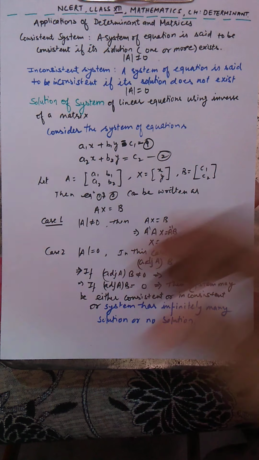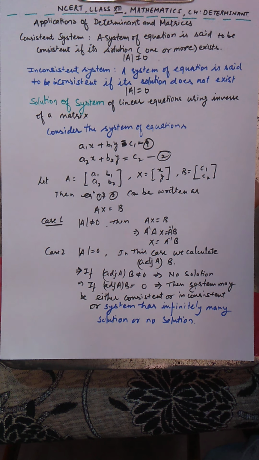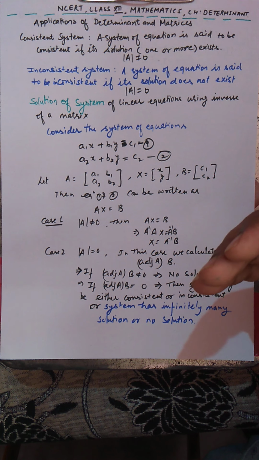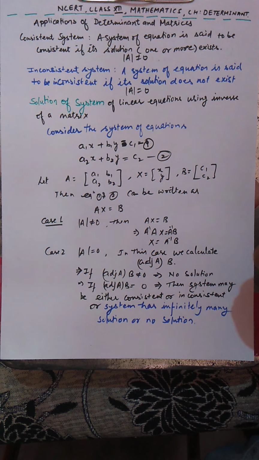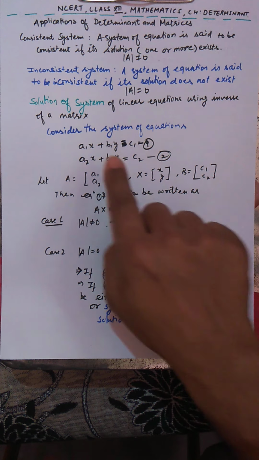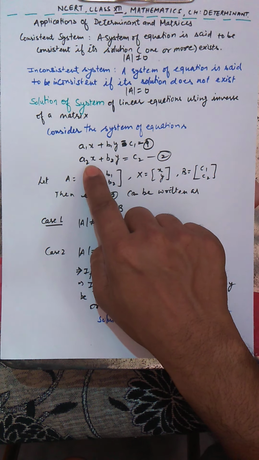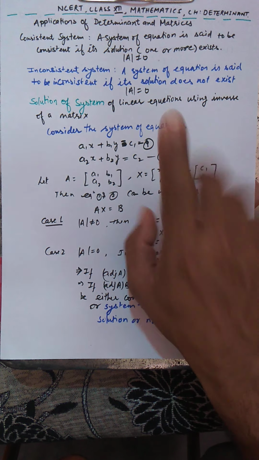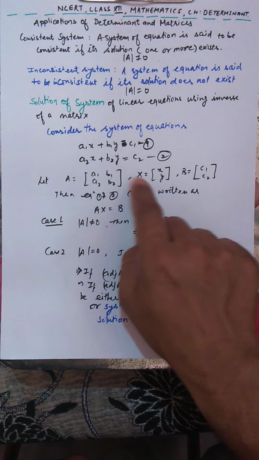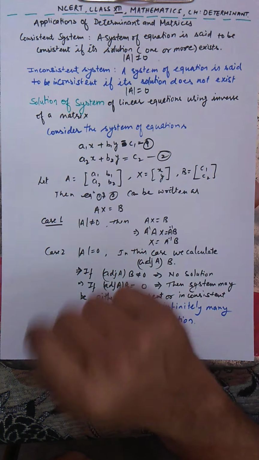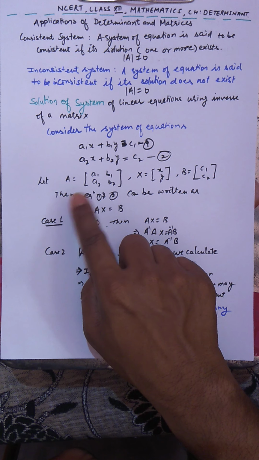Now though this can be explained with the help of 3 variables, 3 equations, to make it simpler I am going to use linear equations in 2 variables, a pair of linear equations. See, the first one is a1x + b1y = c1, a2x + b2y = c2. So this system of equations, equation number 1 and 2, can be written as follows.